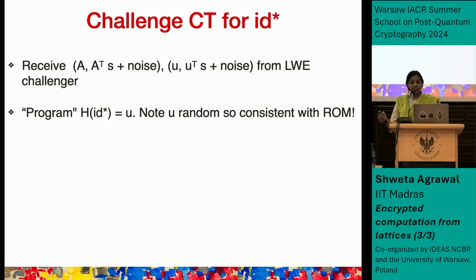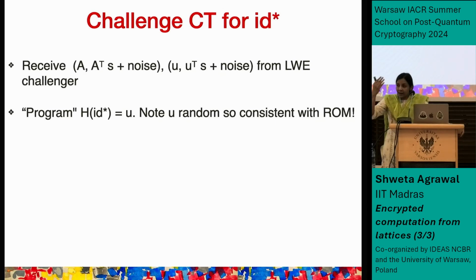And what does it do? Now it wants to use this U in the challenge ciphertext. Note how did we construct the ciphertext? What was the U in the ciphertext? It was H of ID, wasn't it?